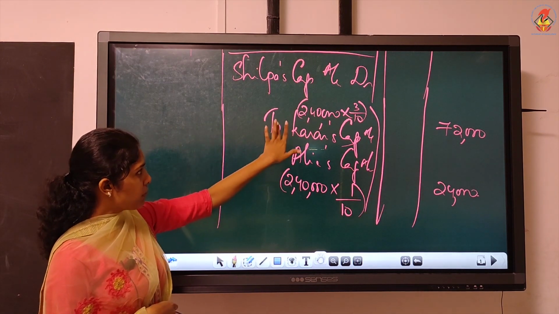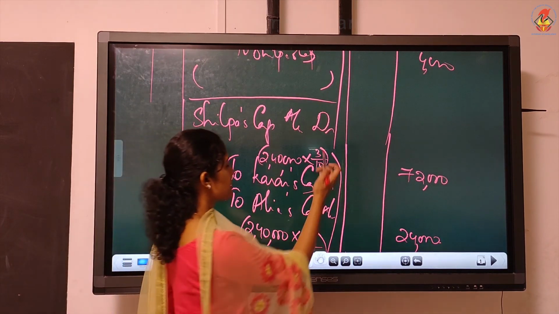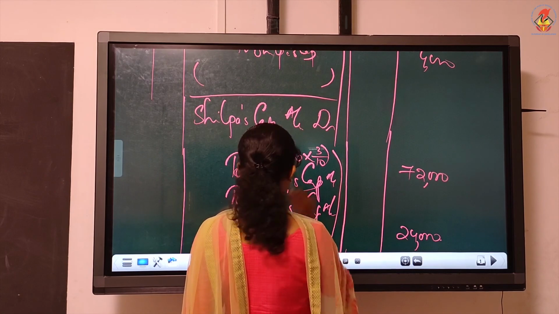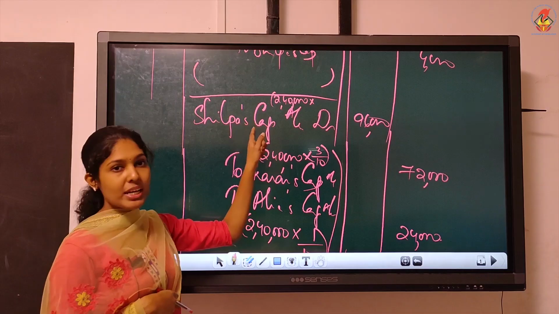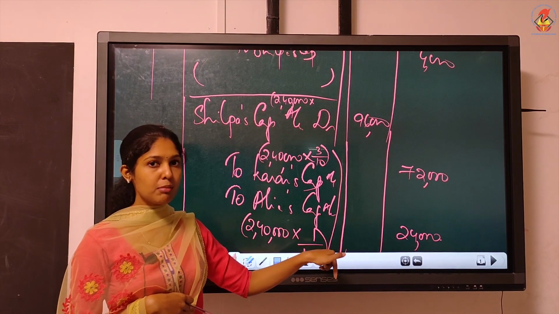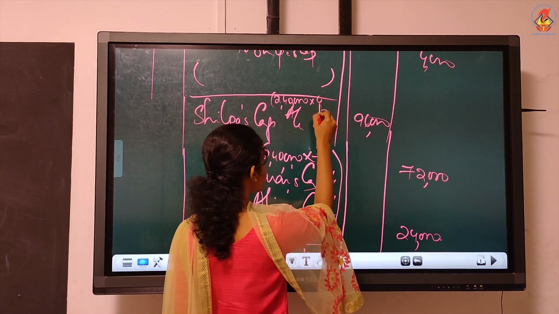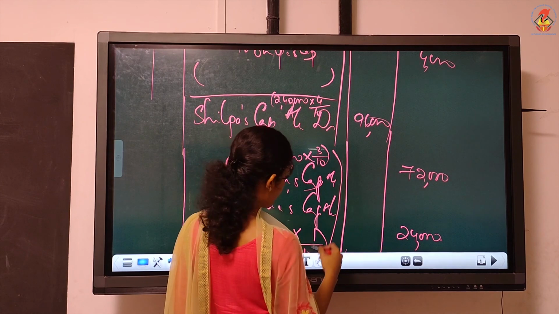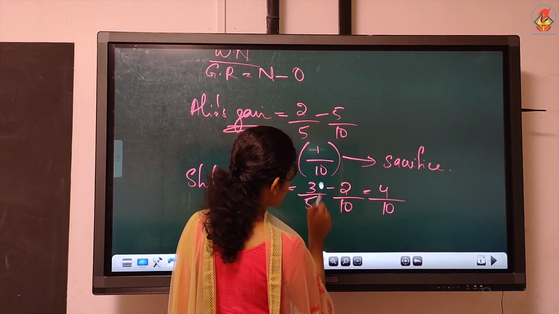Then Shilpa can be debited either with the total amount. You can just add and take 96,000. Or you can take 2,40,000 into Shilpa's proportion. Shilpa's proportion means not from the old ratio. Why is Shilpa debited? Because she is gaining. And what is her gaining proportion? That is what you have to take. Her gaining proportion is 4 by 10, right? Just see your working note. Yes, 4 by 10.